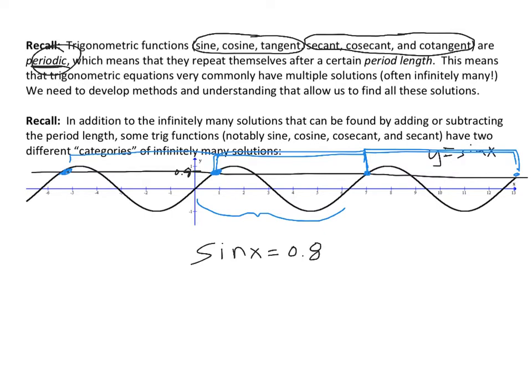There's another one right here, and that one is also repeated 2 pi later over here, and 2 pi backward this way. So with sine, cosine, secant, and cosecant, we have two categories of infinitely many solutions. Again, we need to get into how we find those and what methods we use to make sure that we don't miss any of them.